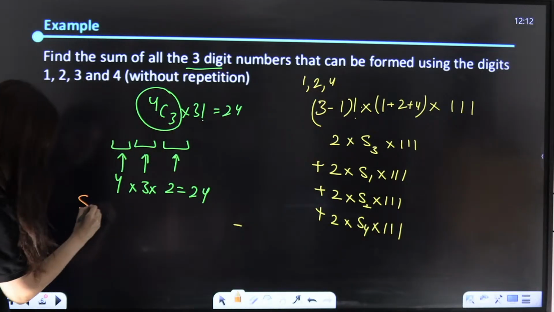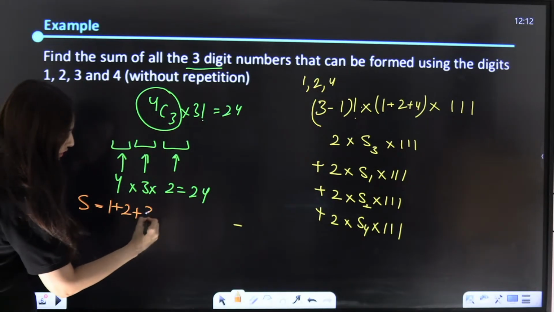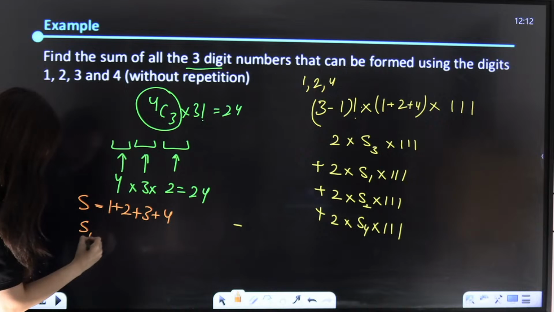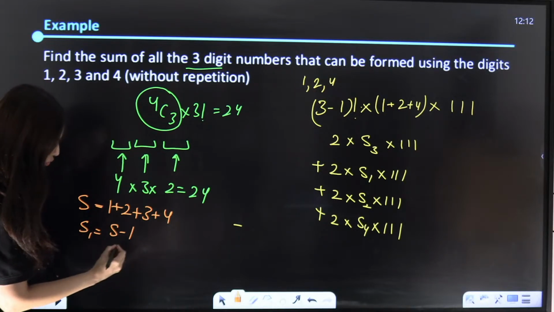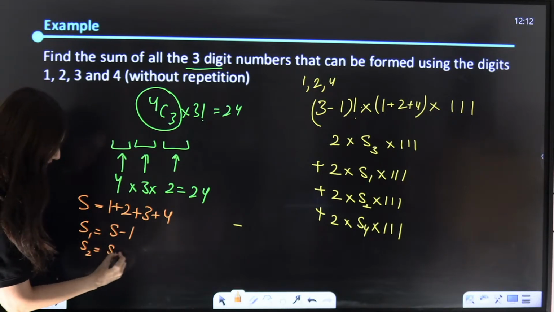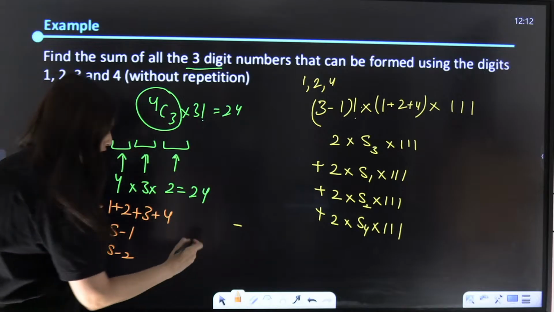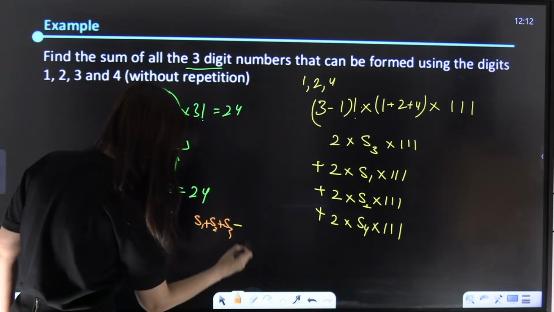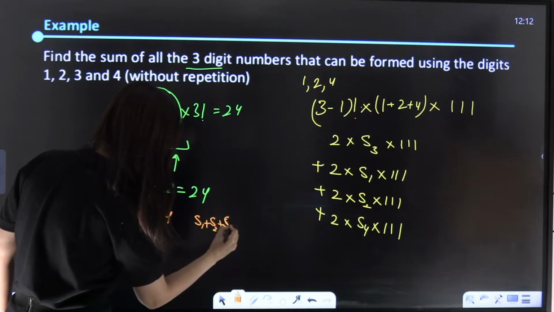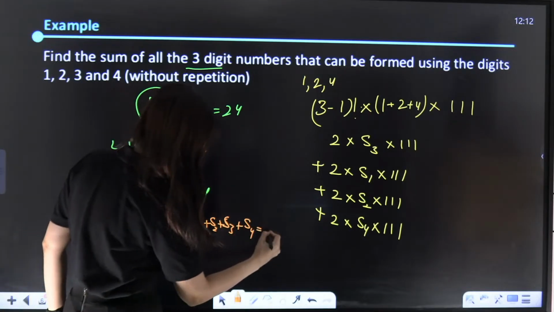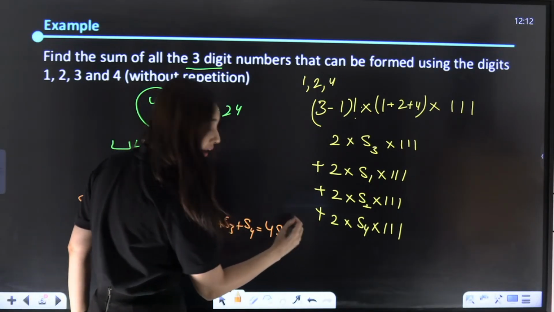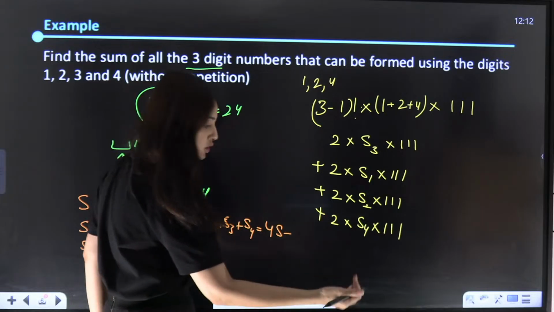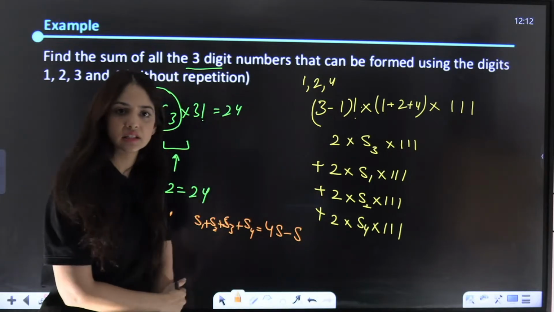If S is 1 plus 2 plus 3 plus 4, then S1 is S minus 1, S2 is S minus 2 and so on. So, S1 plus S2 plus S3 plus S4 becomes 4 times S minus 1 minus 2 minus 3 minus 4, which is again S.